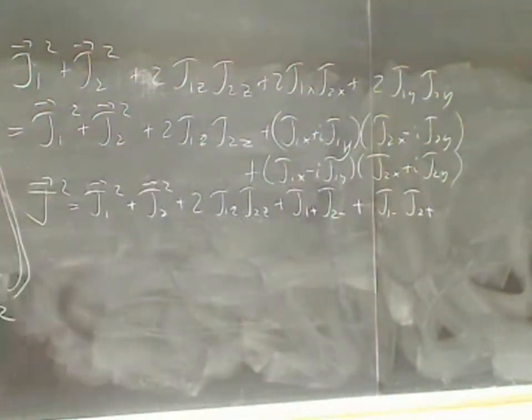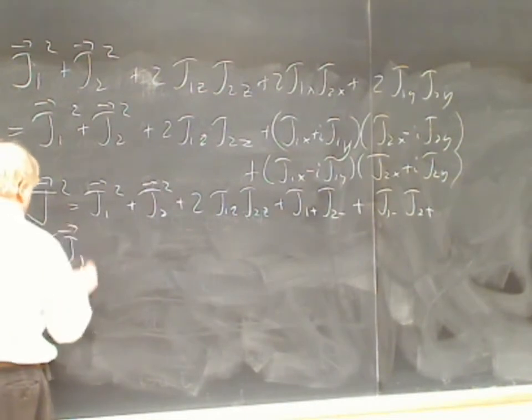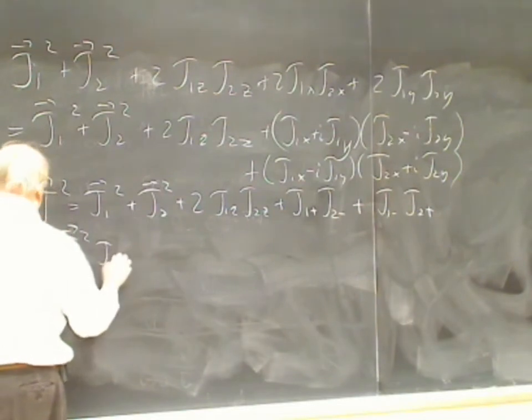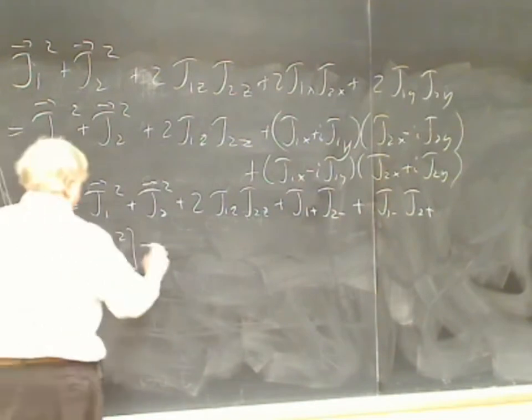Now, why did I do all that? I did all that because so far we have J squared commuting with JZ, but now we see that the commutator of J squared with J1 squared is 0. And why is that?